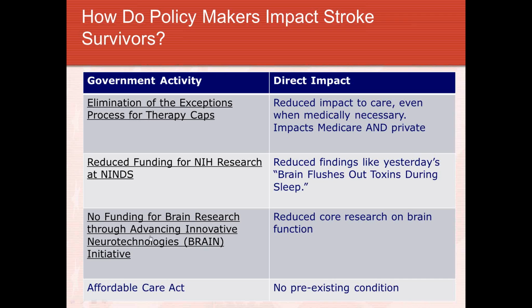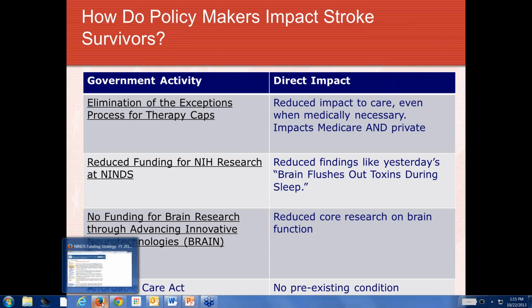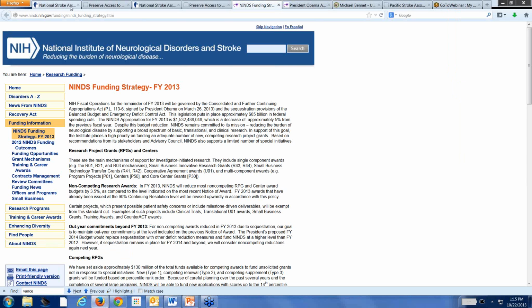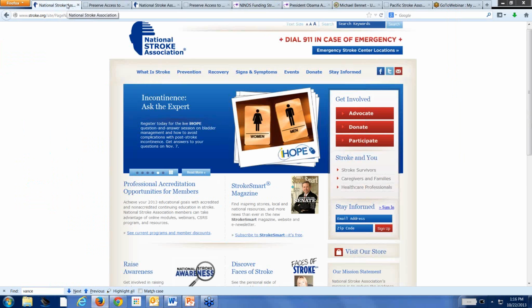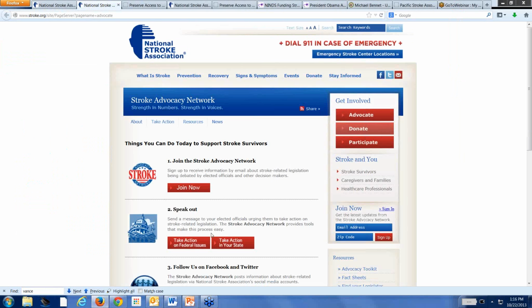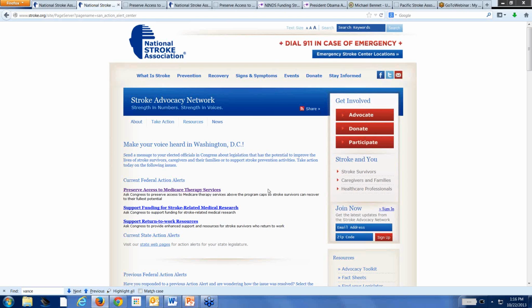And the good news is that along with the therapy caps and the funding issue, we do have another action alert on this. So you will see if you go to that stroke site that we went to earlier. So again, that's just stroke.org. Click on this Advocate button, click on the Take Action on Federal Issues, and you'll see some information on all of these.